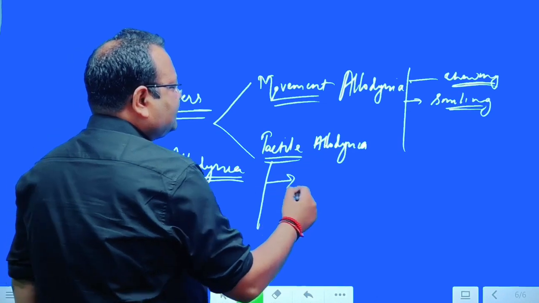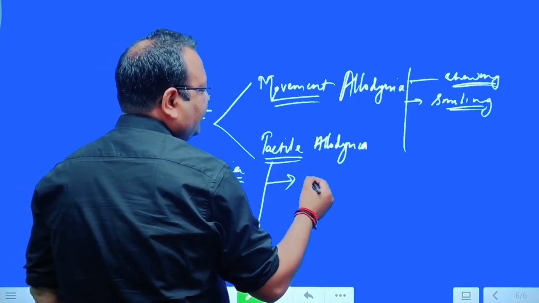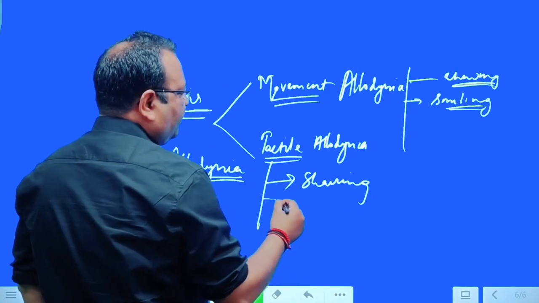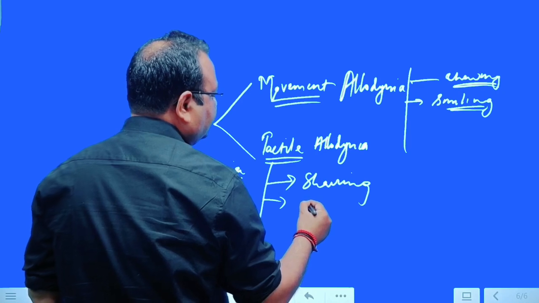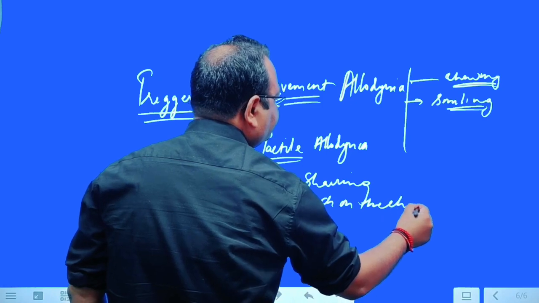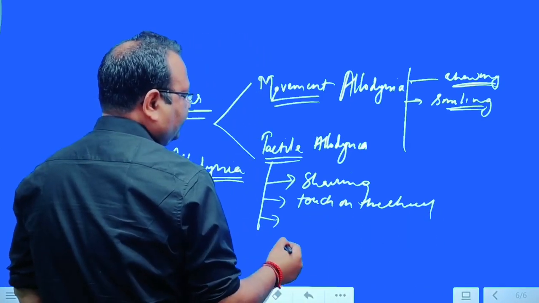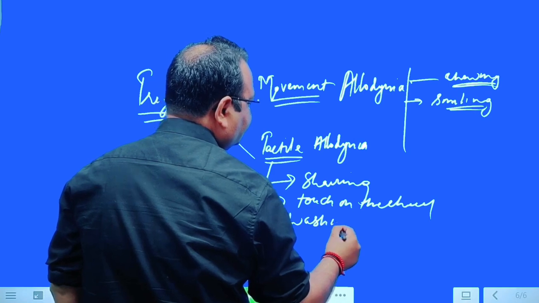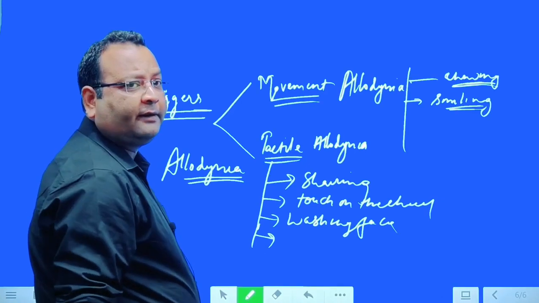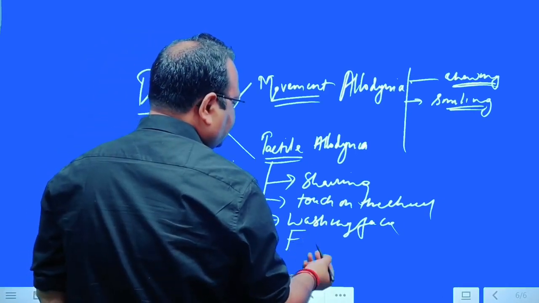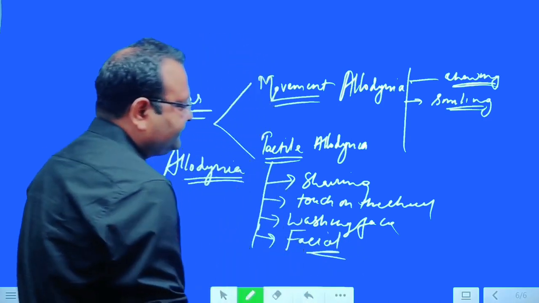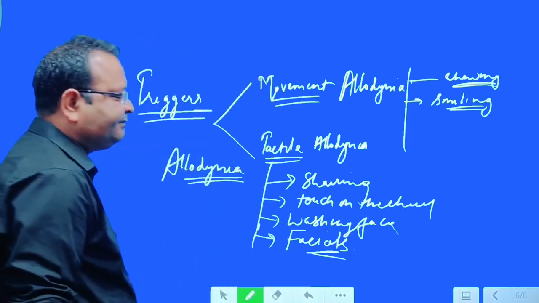Tactile allodynia, the examples like simple, like we can say in men's shaving. While shaving, the pain can aggravate, or by simple touch on the cheek, or if we are washing the face, and also it can be due to applying facials by the females.